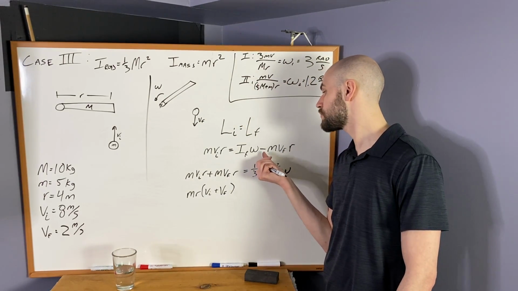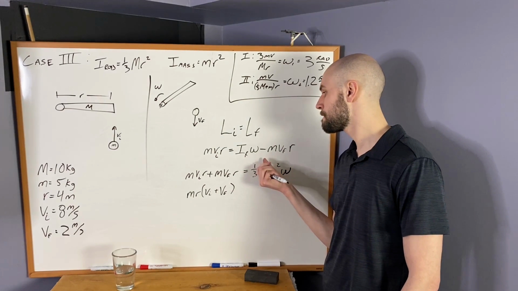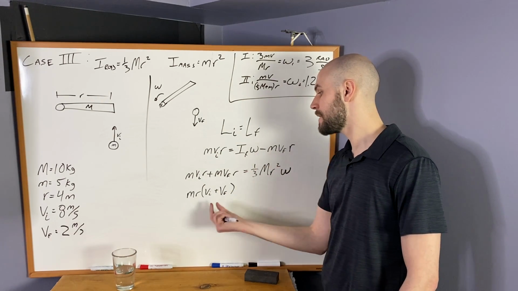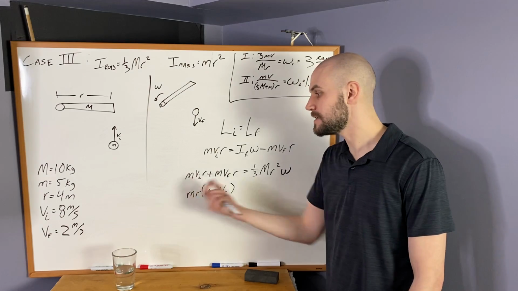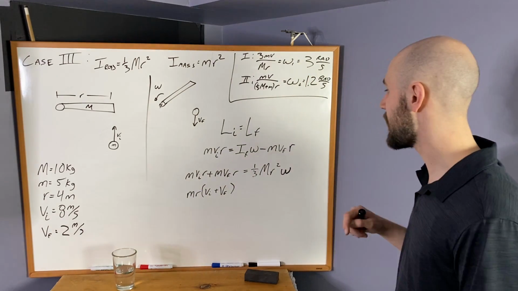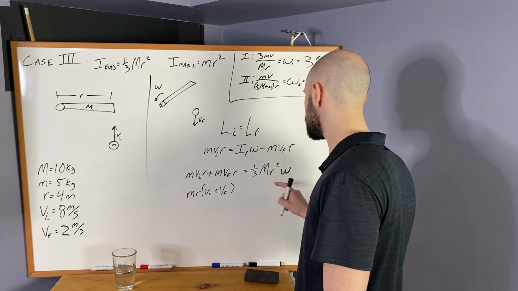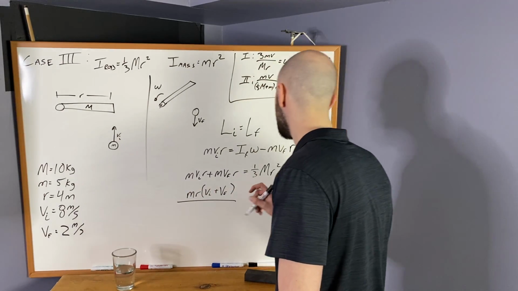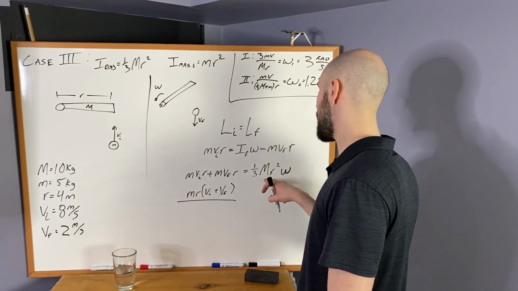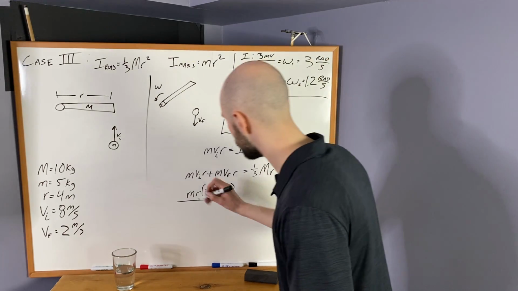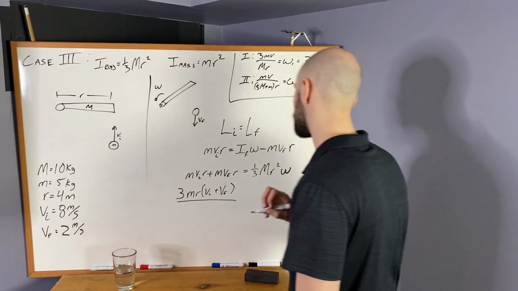We already took direction into account with our setup, so we're just plugging in +8 and +2, just plugging in our magnitudes. This is going to be divided by 1/3 mr squared. That 1/3 makes it so there's a 3 in the numerator.